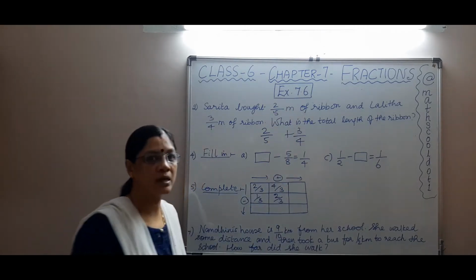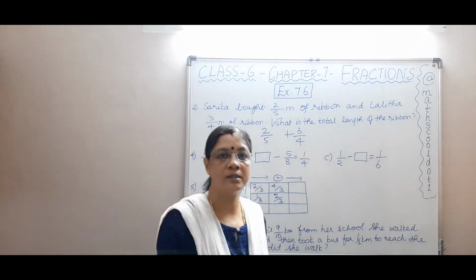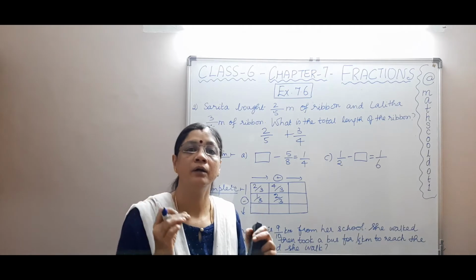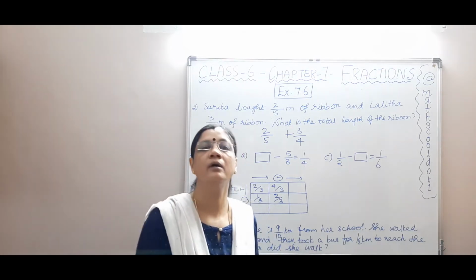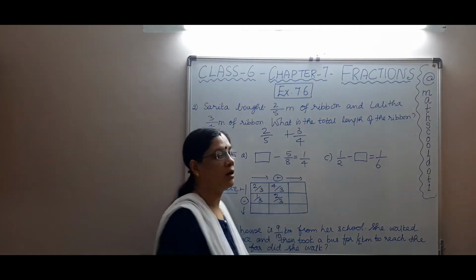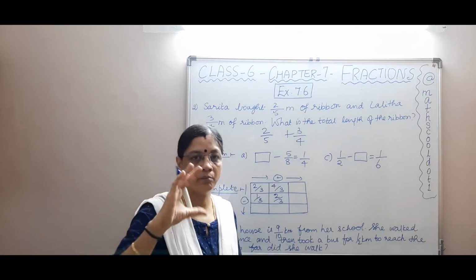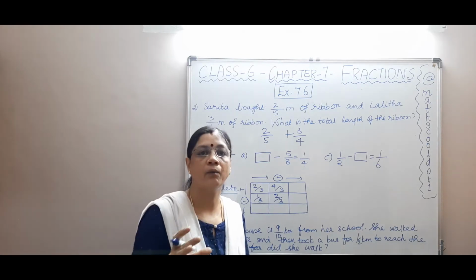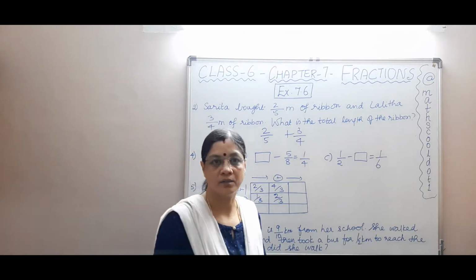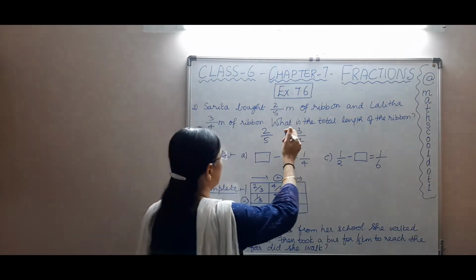Just the numbers are enough, but in the final answer you need to write the units. Units are as important as the numbers in your answer. The numbers and the units have equal weightage. So please don't forget to write the units.